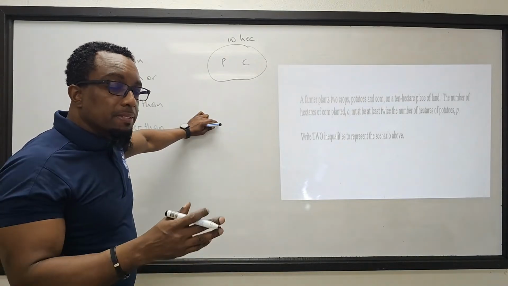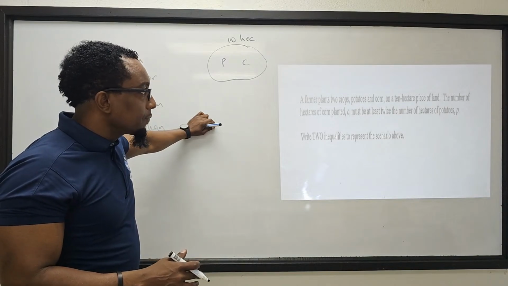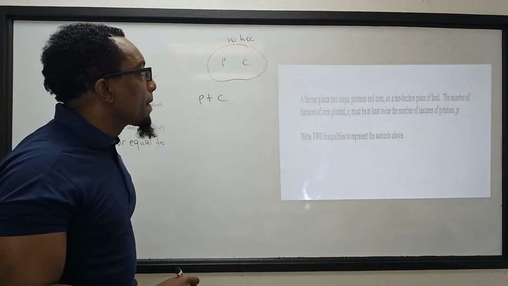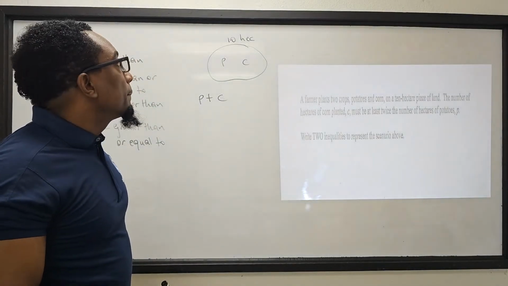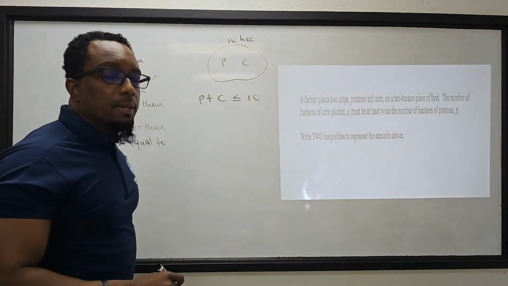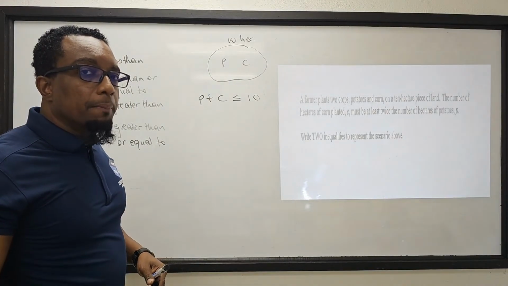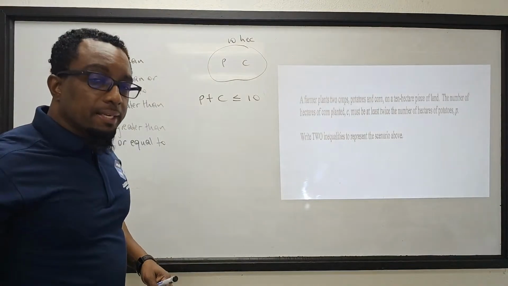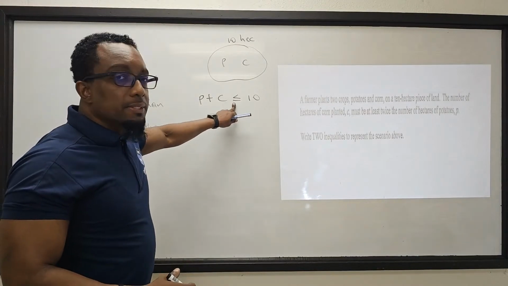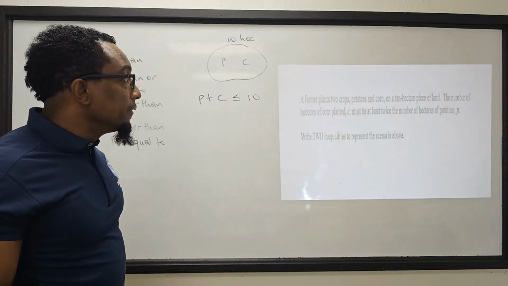So the total number of hectares of potatoes and corn planted on this land must be less than or equal to 10, because 10 hectares is the max. So that's your first inequality.